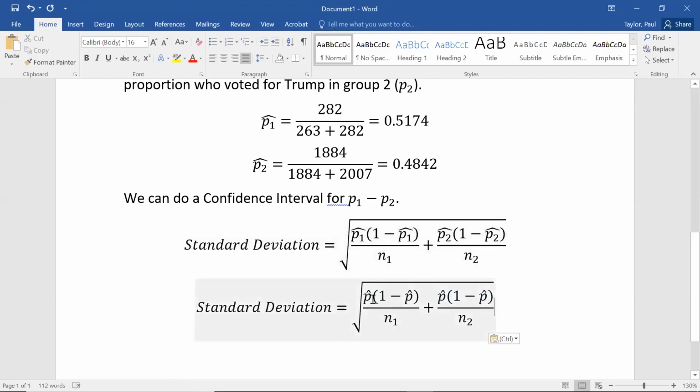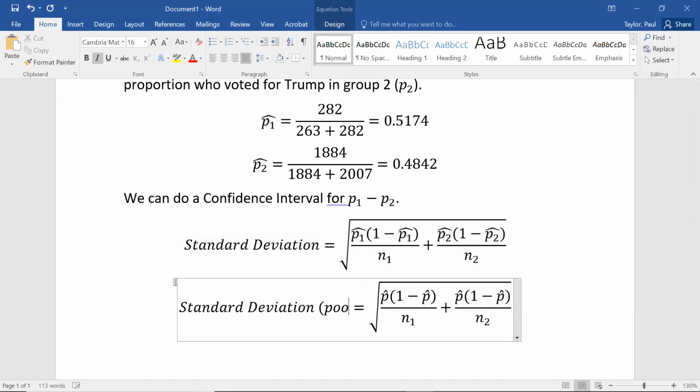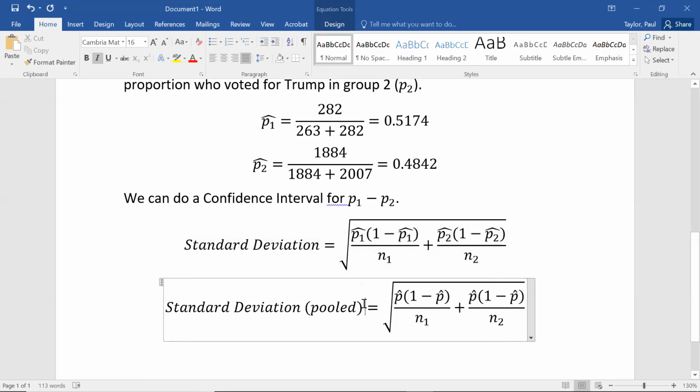So what's the difference between these? Well, here, this is the proportion in group 1 that voted for Trump. This is the proportion in group 2 that voted for Trump. P hat is the proportion in our entire poll that voted for Trump, and you use that in both of these terms. So you end up with similar numbers for these, but they're slightly different. So this one is called pooled, because the two groups are pooled together to form this P hat, and that's what you use in your computation.